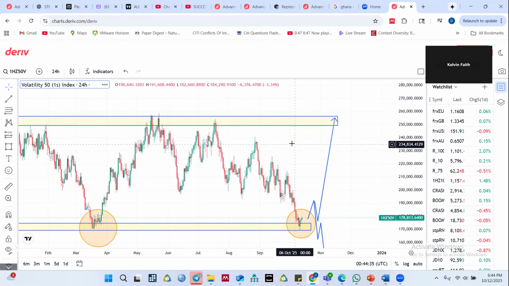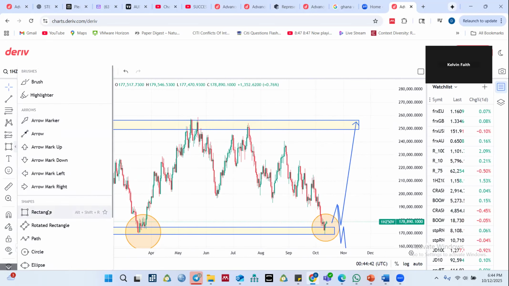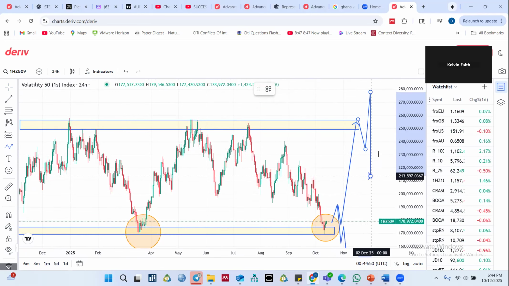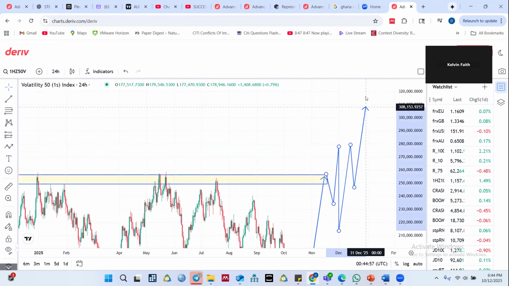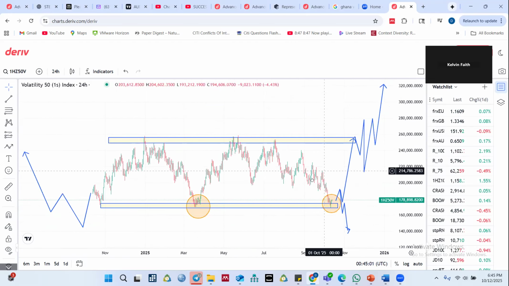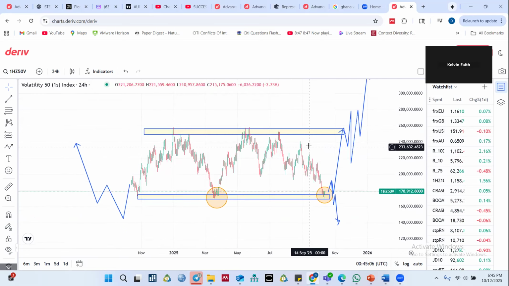We are likely to hit again. And maybe this time, if we are able to go up there, we might drop down, break it, and use it to go up more. Maybe we might see something like this. I don't know.